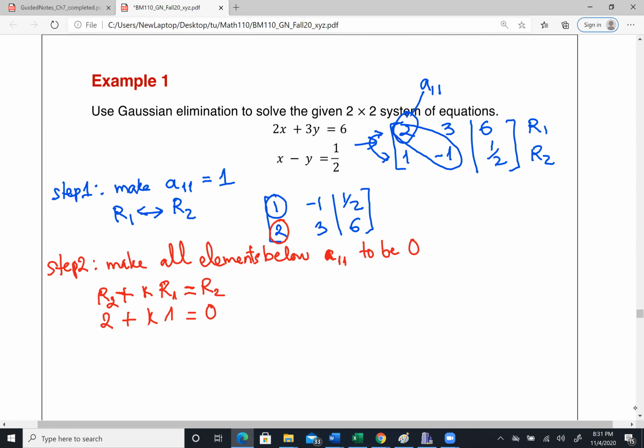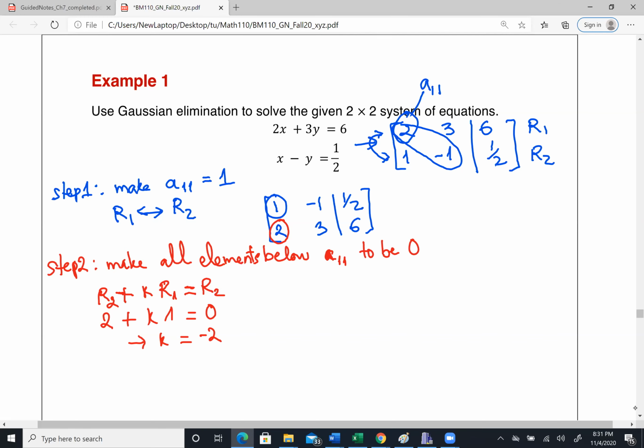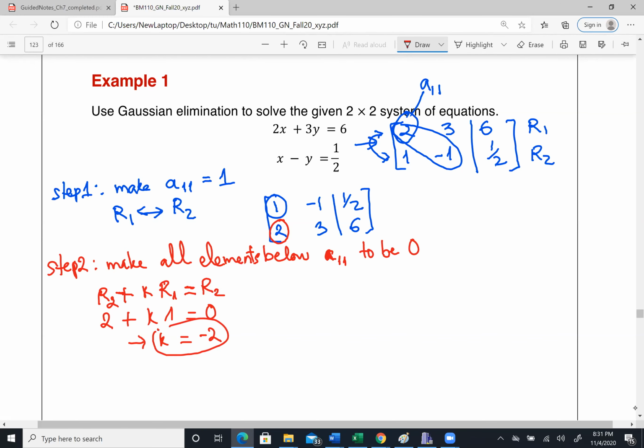So now what is k going to be? You will have k equal to 2. So this is actually like a draft for me, right? So I will just put -2 here, multiplied with row 1.